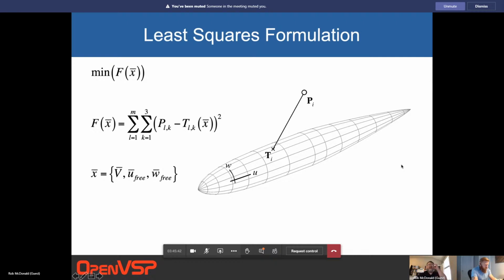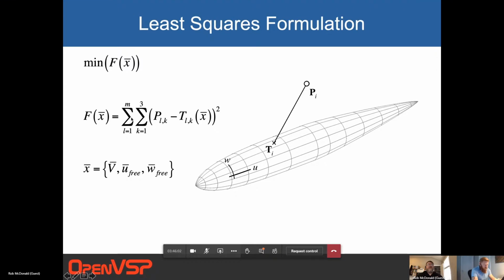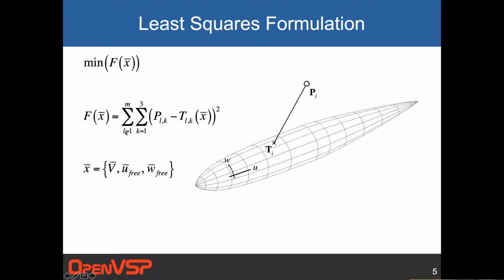And we do this as a least squares fit. So we have a minimization problem where we want to minimize f, our functional, which is a function of x, which is a vector. There are many variables we're varying to minimize f. F, as it turns out, is the sum over all of our points. If our points are labeled with l, there are m of them.